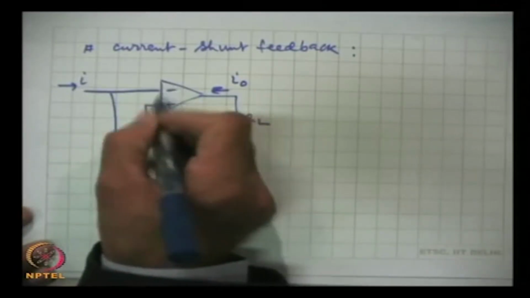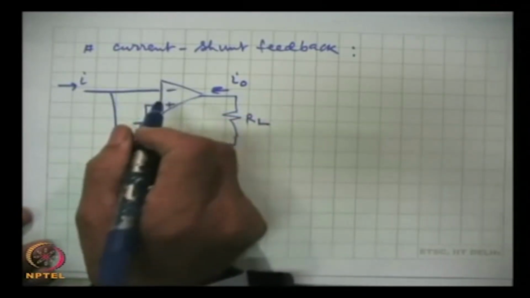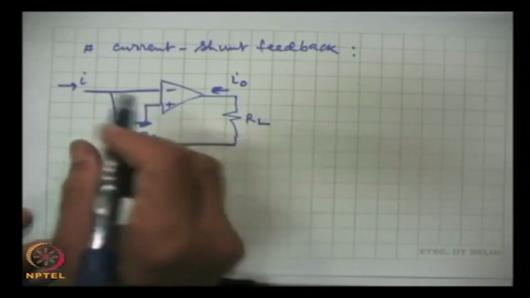This is the circuit. Basically, here the operational amplifier is acting as a current amplifier.